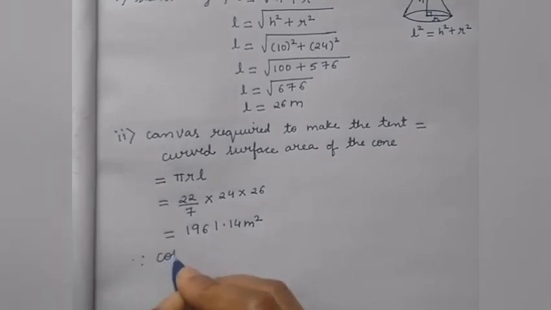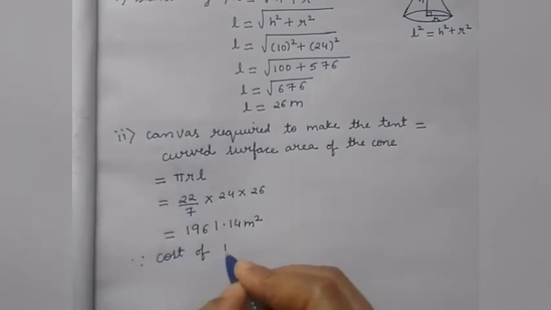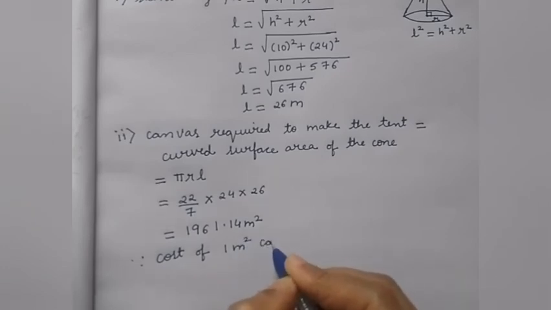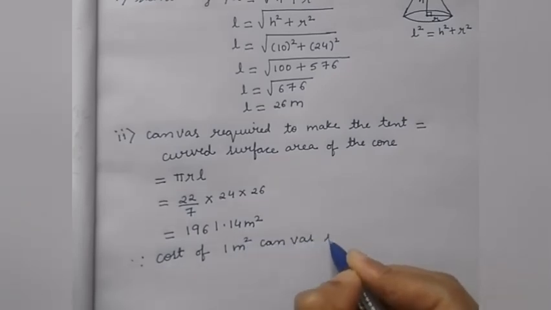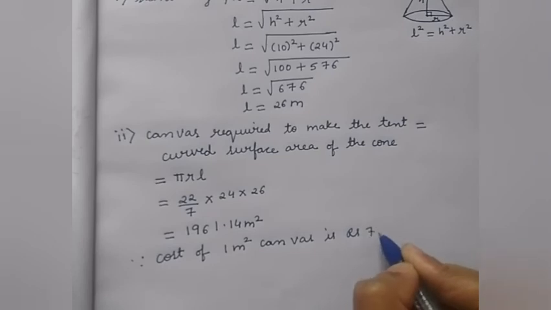Next, it is given that the cost of 1 meter square canvas is rupees 70.